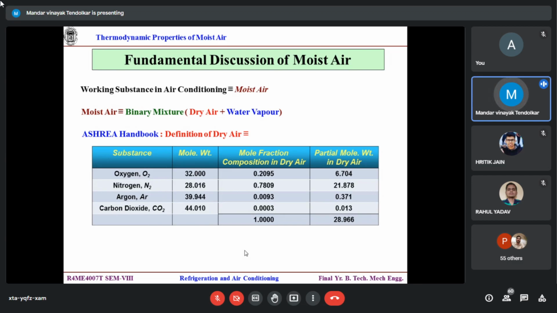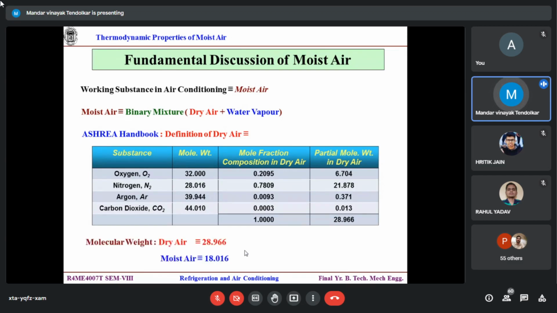Accordingly, from the partial molecular weights, the final molecular weight of dry air, where there is no moisture, is 28.966, which we generally take as 29. The exact value is 28.966.